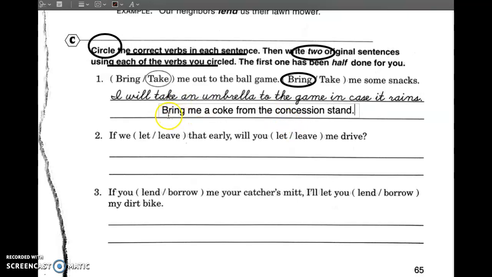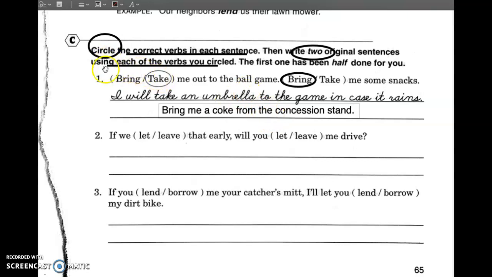In that case, you're asking somebody to bring something to you from somewhere else. Just like with take, you are asking to take something away from that person. Now, we're asking somebody to bring something to us.